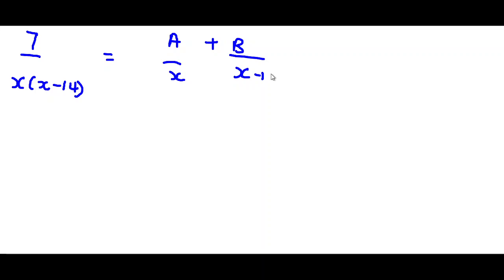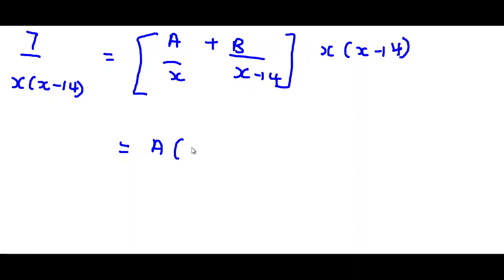When you're calculating any fraction, the first thing that you need to do is find out the LCM, which will be x into brackets x minus 14. So this x and this x cancel each other out, so you're left with a into brackets x minus 14 plus b.